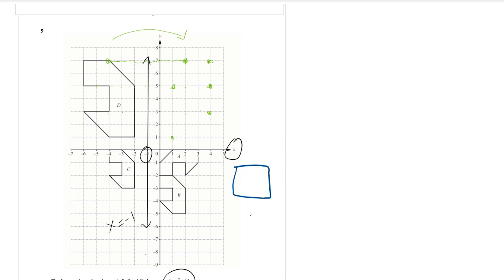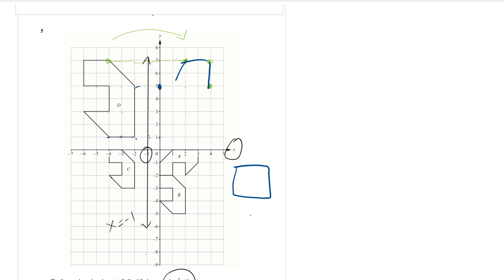This one. I think I've drawn all the boxes. Let's join and check it out. Yes, I missed this one. 1, 2, 3. Okay, I have drawn these two wrong.